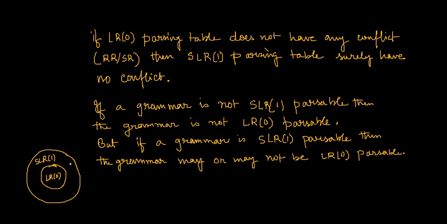So we can make a relationship like this between LR0 and SLR1. However, we have seen that the conflict is not possible to remove even with SLR1. So that's why we will move to a new type of parser, what we call the CLR1 parser and the LALR1 parser.